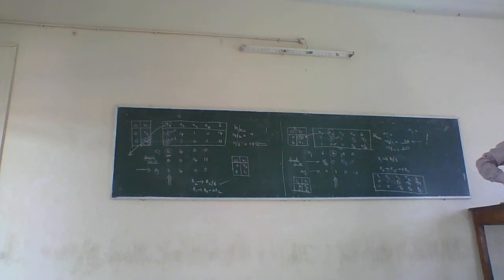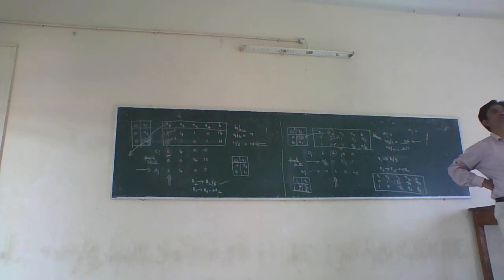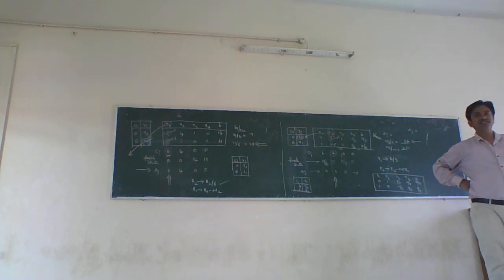Your table has changed, CI has changed, so calculate delta J.